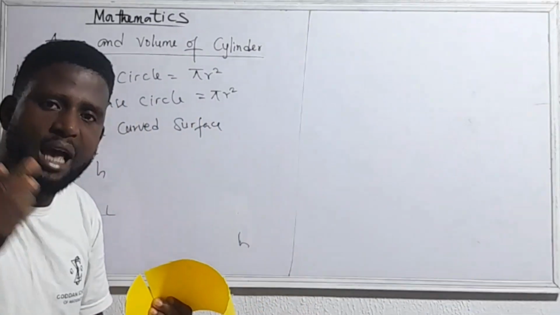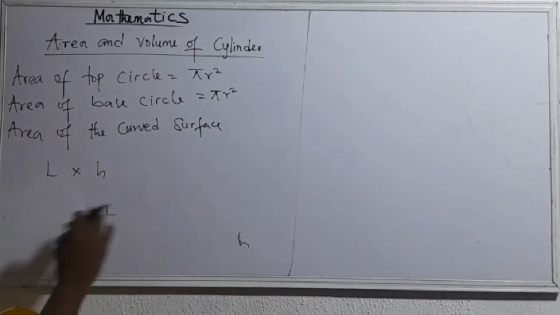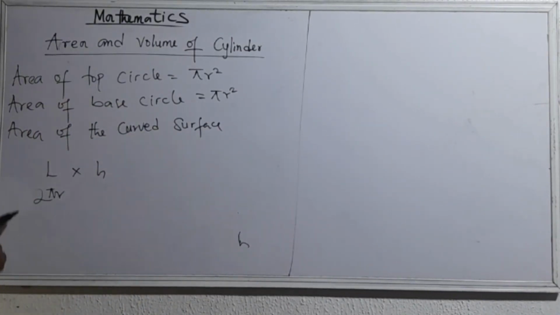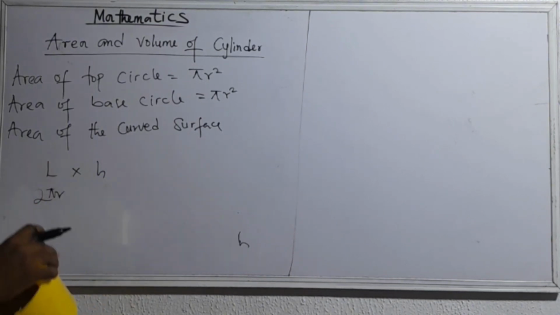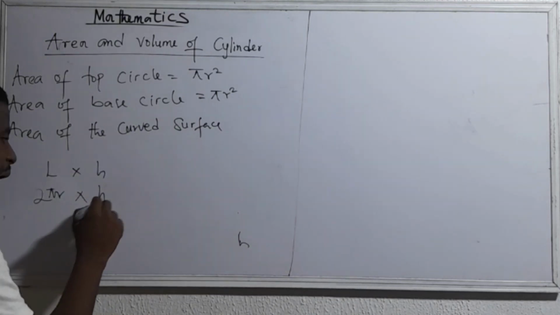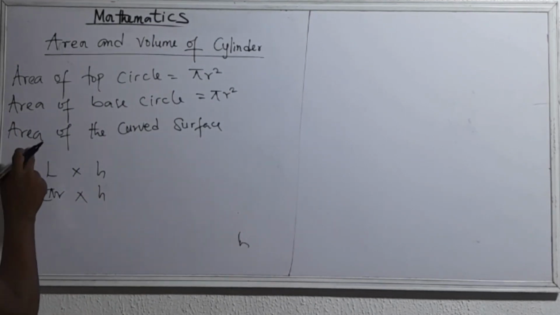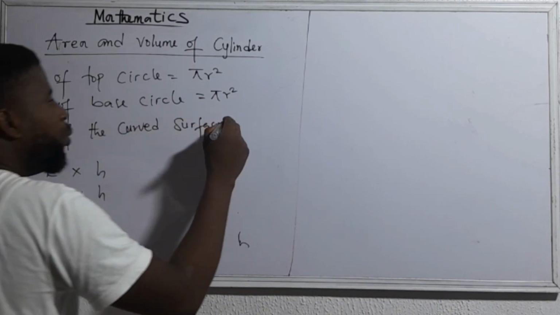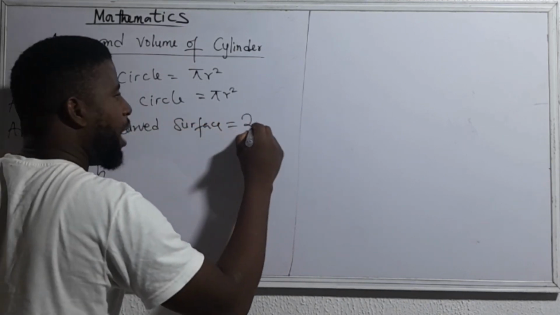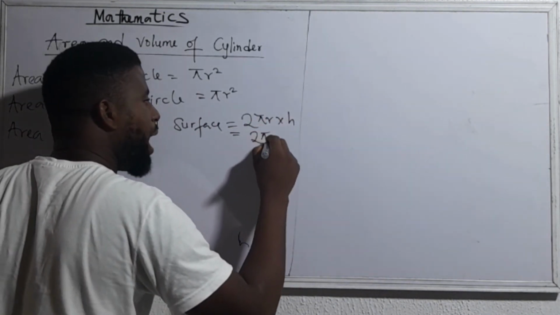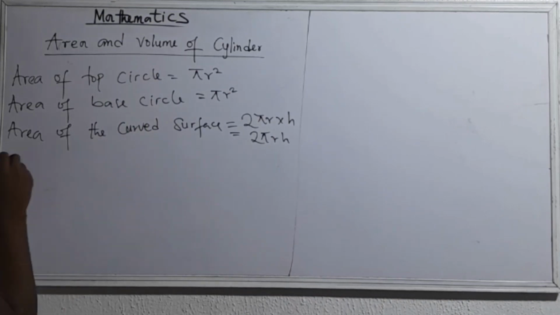And remember that the circumference of a circle is given by the formula 2 pi r. So the length of this curved surface is the same thing as 2 pi r. Then we have the breadth, which is the height. So the area of the curved surface will equal 2 pi r times height, and that will give us 2 pi rh.